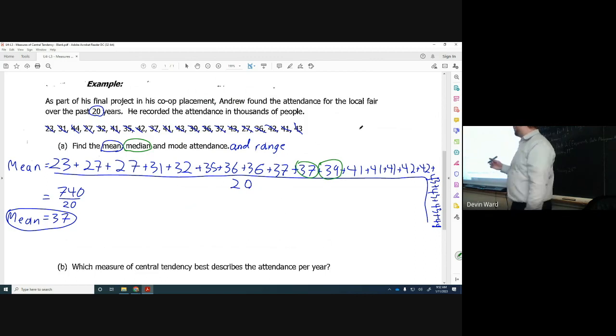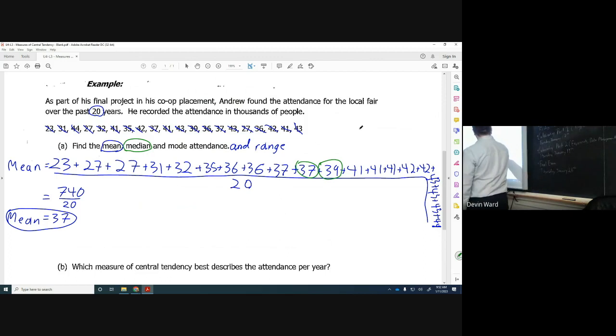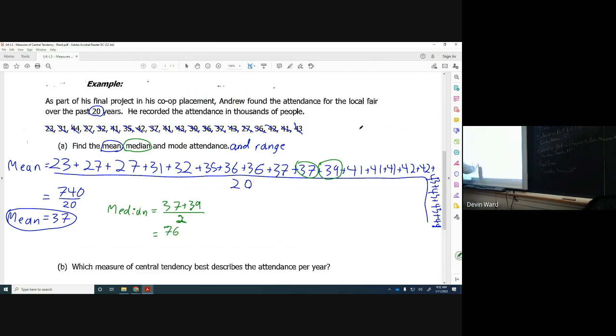Okay? So here, we have 37 and 39. So for our median, we'll have 37 plus 39 divided by 2. Yeah, 37 plus 39 would be 76, right?